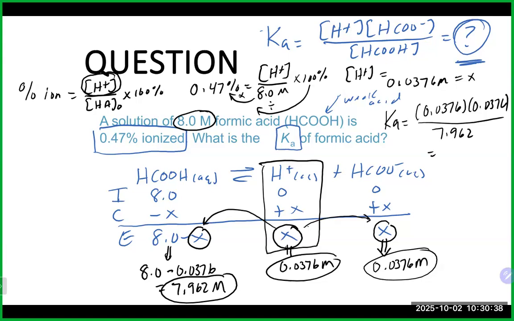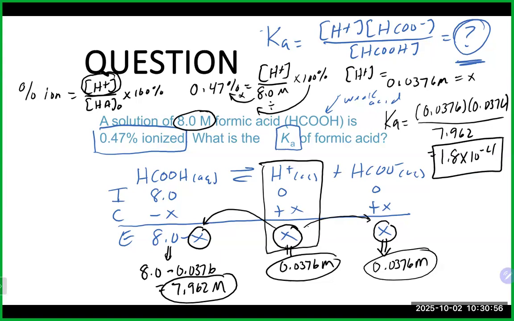That is going to get us a Ka value of 1.8 times 10 to the minus 4 in this case.